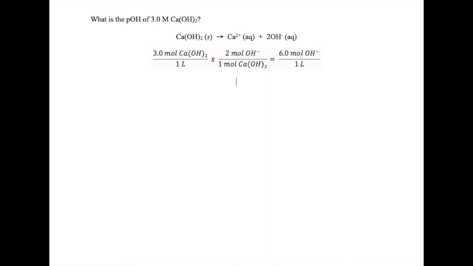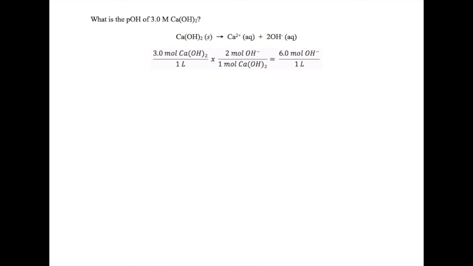As we said before, the ratio is 1 to 2. So in our next fraction, we have 1 mole of calcium hydroxide on the bottom of the fraction and 2 moles of hydroxide ions on the top. When we do out the math, we get 6.0 moles of hydroxide ions over 1 liter of solution. The liters never got canceled out by anything.